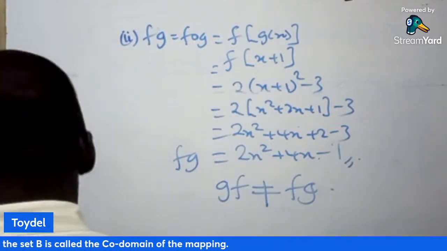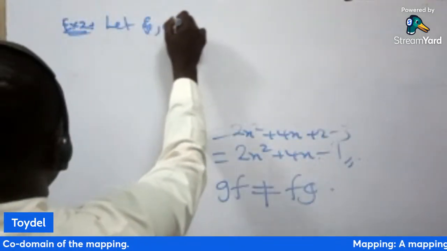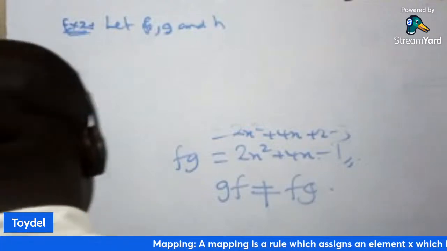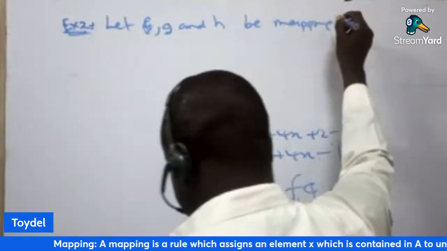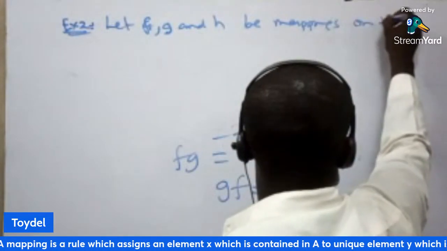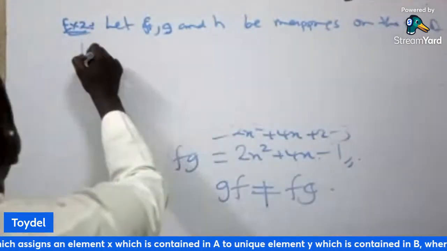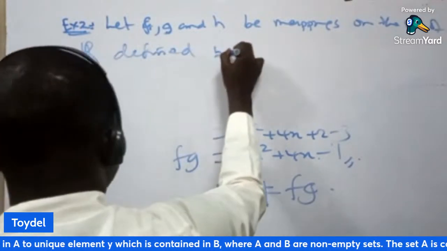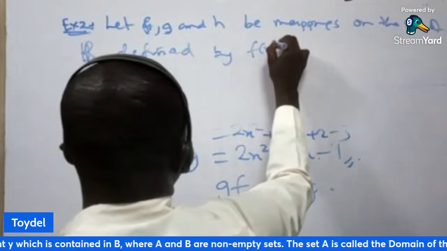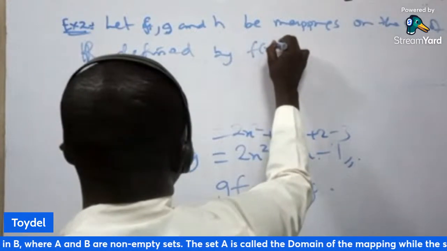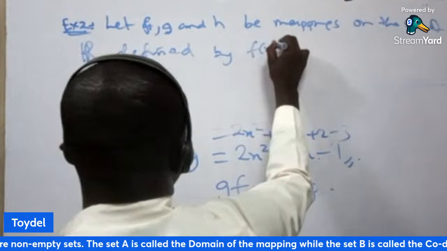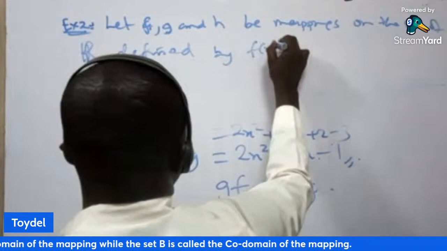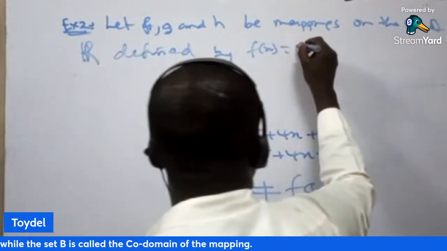So we take one more example. In this case now we are given, let f, g, and h be three mappings on the set of real numbers, and that mapping is defined by f of x is given as 2x plus 1.